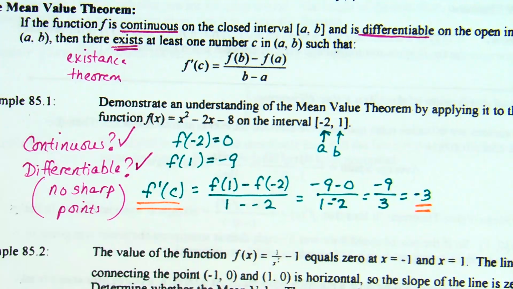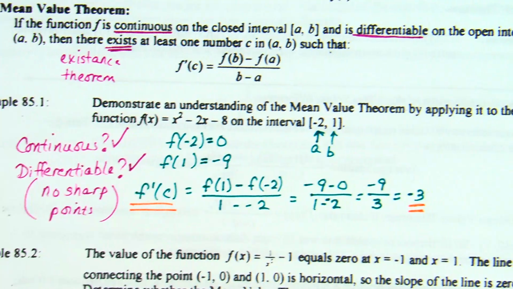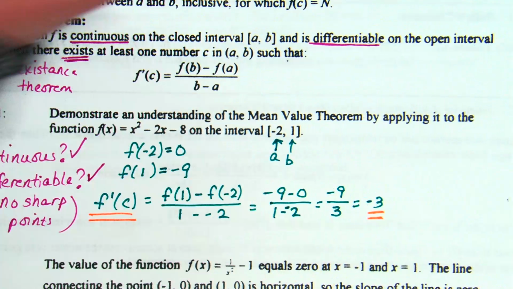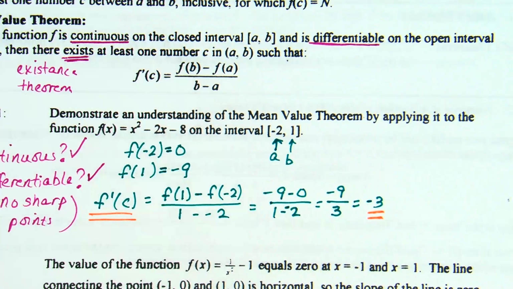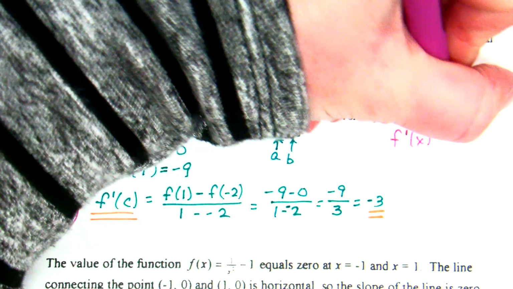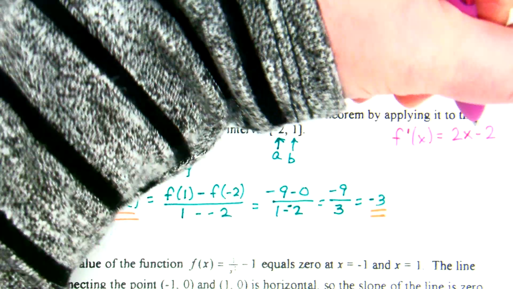Well, if f prime of x is 2x minus 2, what would be f prime of c? Yep, 2c minus 2. In other words, just take c and put it in place of x, right? So notice what just happened. Via mean value theorem, we found that f prime of c equals negative 3. Via our typical derivative rules, we found that f prime of c equals 2c minus 2.